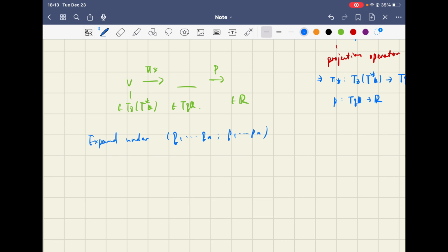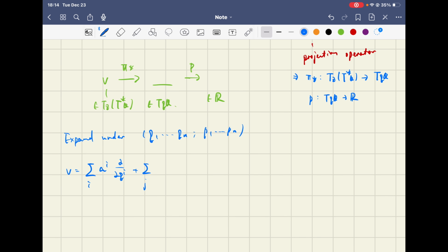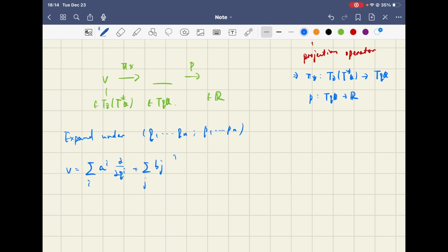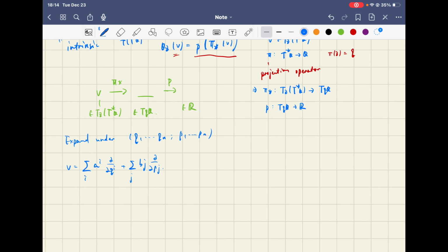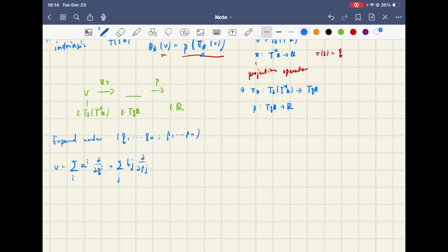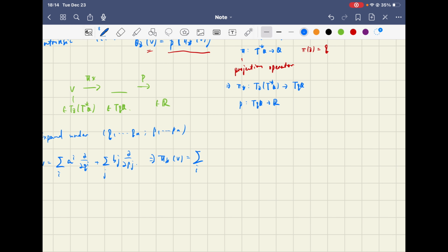Since v is in a tangent space, v can be expanded like this. Here the basis vectors are tangent vectors as well. We now put v into the differential of pi first. Since the differential of pi only selects the q counterpart, after we put this into pi star, we yield this counterpart.